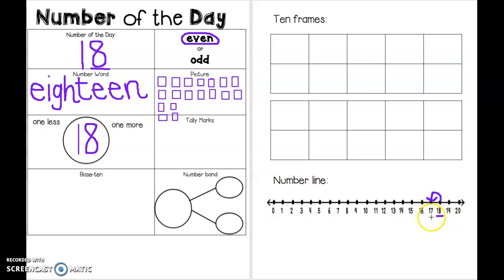A hint helps you if you know what number comes right before 8 is 7. So you see the pattern that starts back over. So the number that comes before 18 is 17. Again, I know it's a teen. I hear that word teen, so I know it's going to start with a 1, and then I hear 7, 17. So that's 1, 7. And then what number would come after 18?